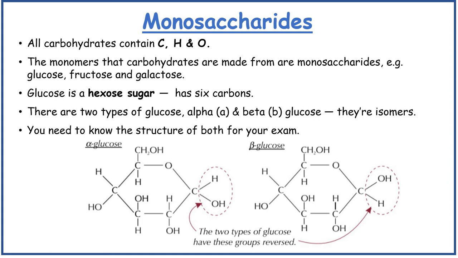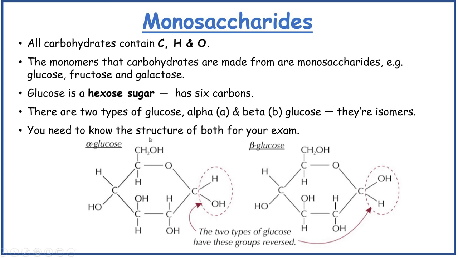They're isomers, and you'll need to know the structure of both for your exam. However, if you just learn the structure of alpha glucose and know that in beta the OH and the H group are flipped, so that the OH is facing upwards on carbon 1, you should remember the structure of them both.